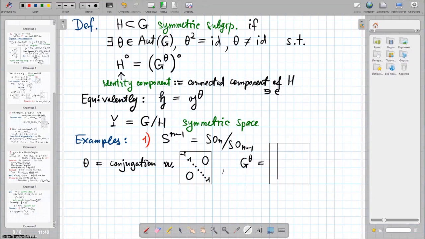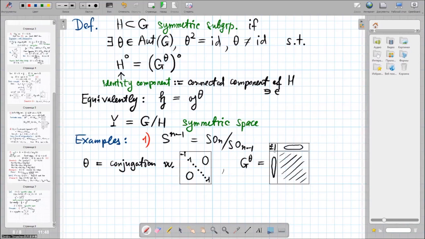Here is the first column, here is the first row, and we have plus or -1 in here, zeros here, zeros here, and anything here. So you see that the fixed point subgroup is disconnected in this case.